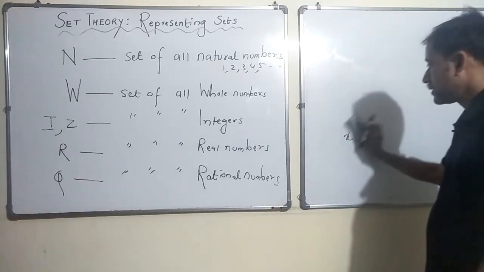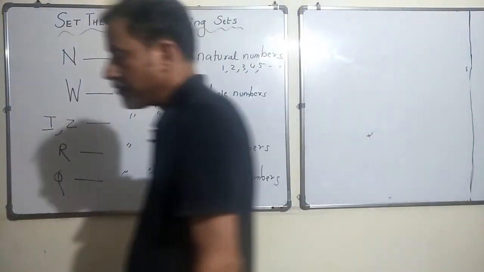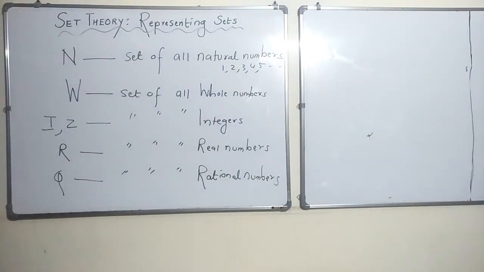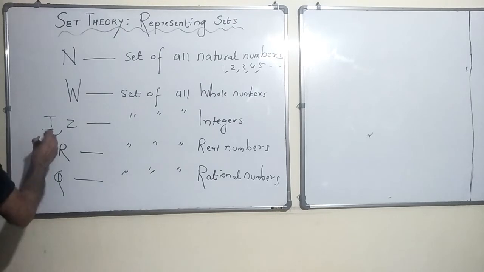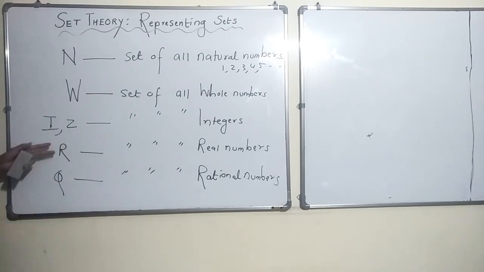So just remember these points. I think that should be sufficient for the purpose that we are dealing with here. Natural numbers, whole numbers, integers can be capital Z or I, real numbers are R, and rational numbers are Q. So that should be good.